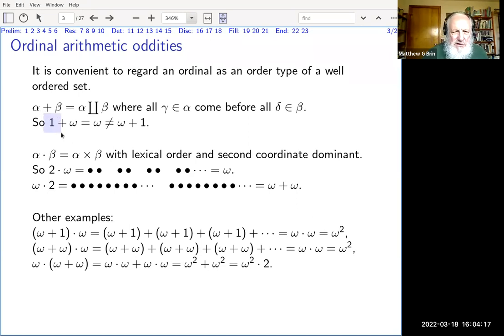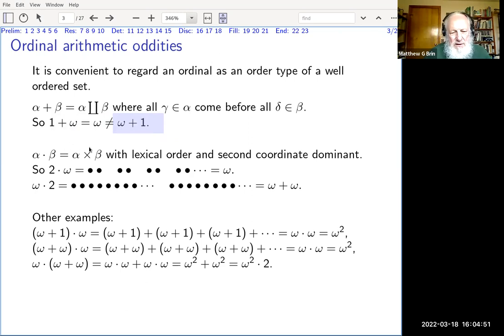And if you take a single object and you put it in front of something with ordinal type little omega, so if you take one object and put it in front of the natural numbers, it still has the order type of the natural numbers. So 1 plus omega equals omega is a legitimate thing to say. But if you take a single object and you put it after the natural numbers, you get a very different order type. So addition of ordinals is not only non-commutative, it's not cancelative.